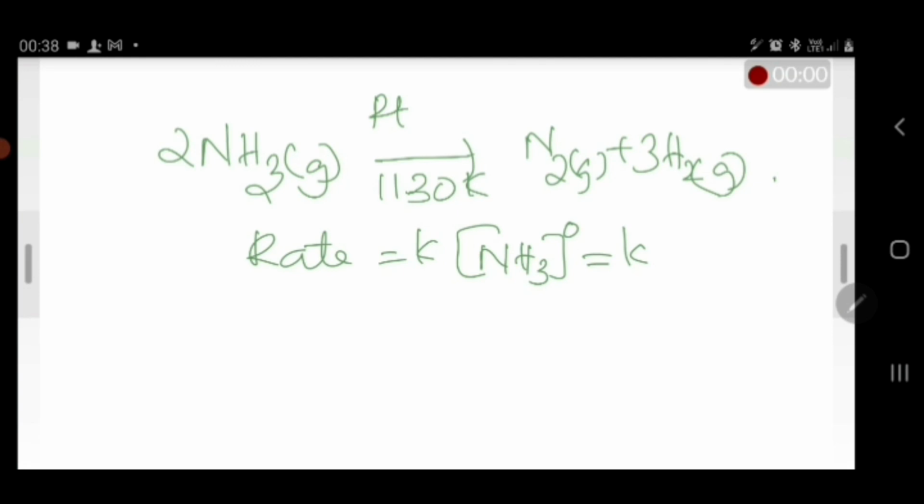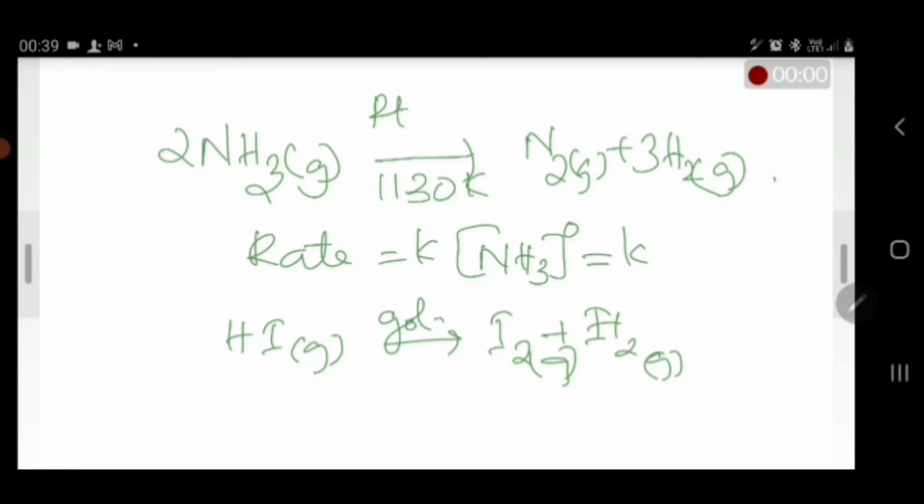The thermal decomposition of HI on a gold surface is another example of zero order reaction. You can write it like this: HI gives H2 plus I2, both in gaseous state, on the gold surface. This is all about the integrated rate equation for zero order reaction.